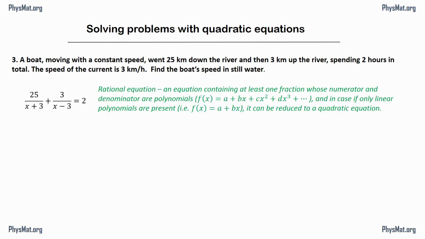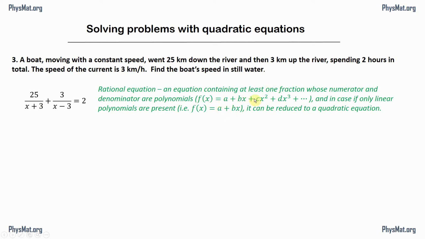This equation doesn't look like a quadratic equation at first sight. It is actually a rational equation. A rational equation, by definition, is an equation containing at least one fraction whose numerator or denominator or both are polynomials.